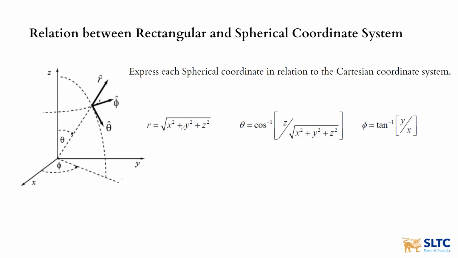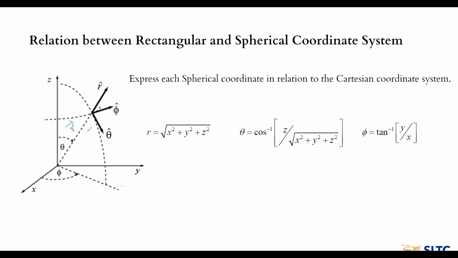Once we take x squared, y squared, and z squared and take the square root, we can find the magnitude of the radial distance. So the r vector, the magnitude of that vector, we can find using the XYZ coordinate values of the point.